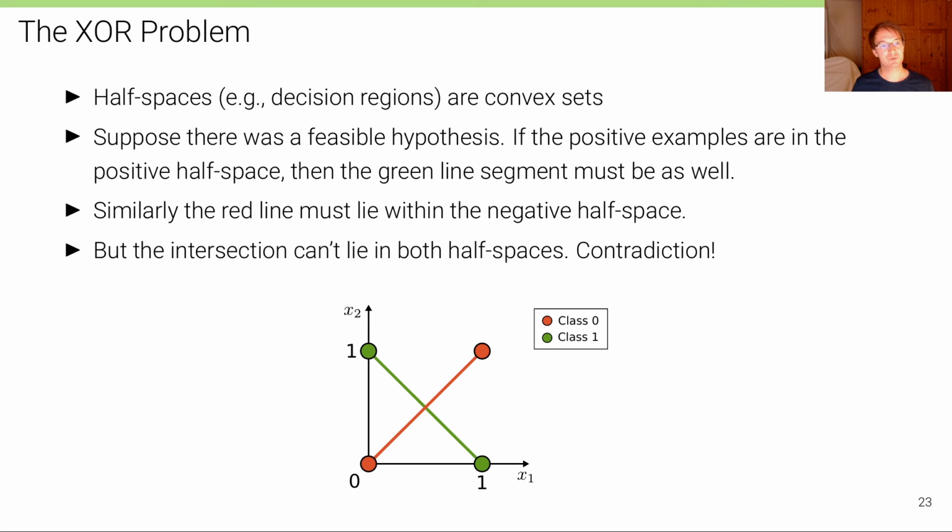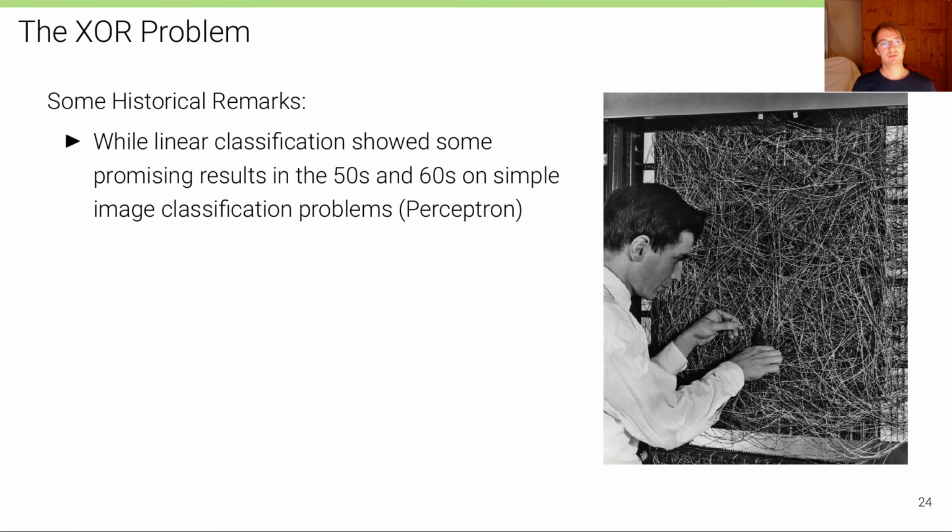But that cannot be true, because a point cannot be classified into 2 classes simultaneously. Okay, so now we have convinced ourselves more formally that this is correct. There's no linear separation of the XOR problem.